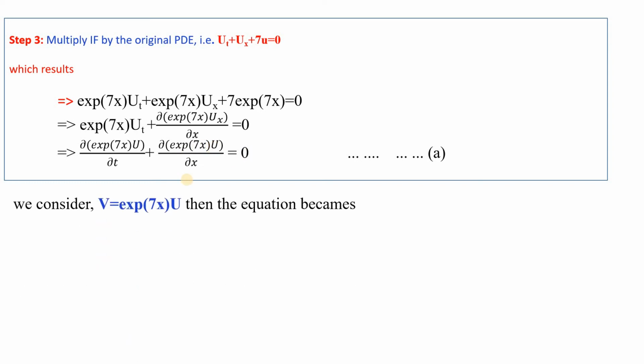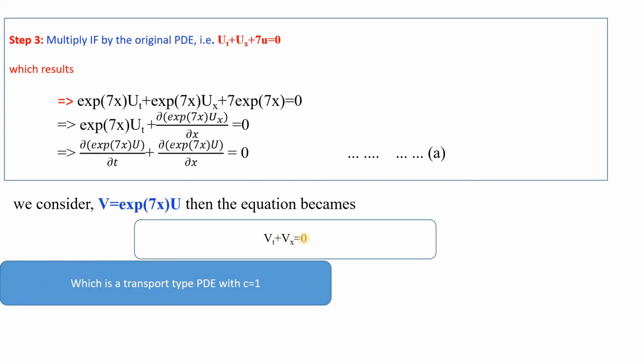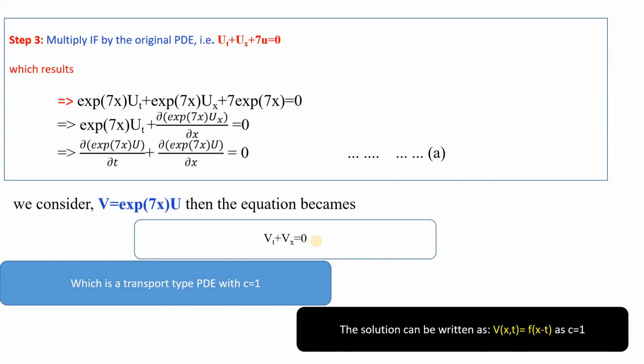Here, if we consider a parameter v equal to e^(7x) u, then equation A becomes v_t plus v_x equal to 0, which is a transport type partial differential equation with c equal to 1, and its solution will be v(x,t) equal to f of x minus t, as c equal to 1.